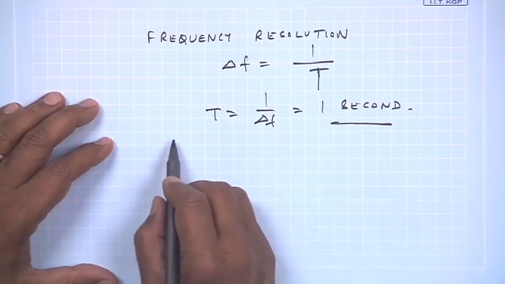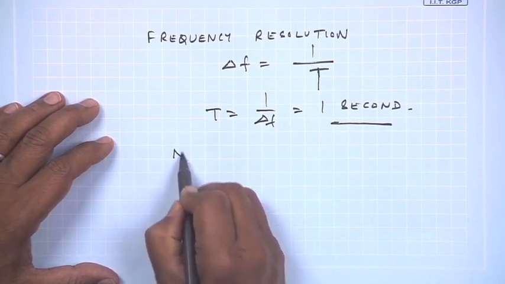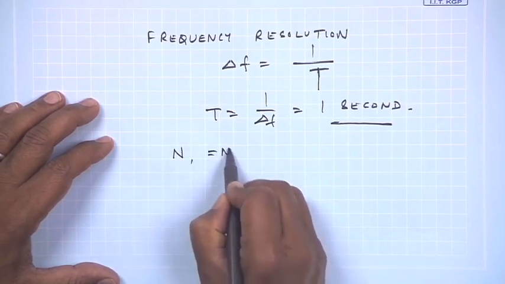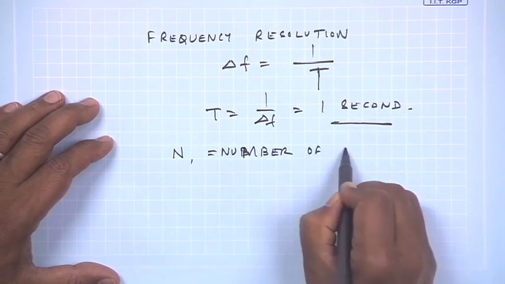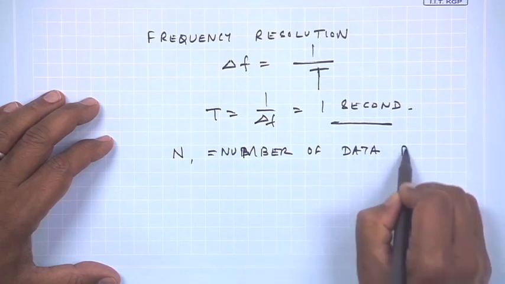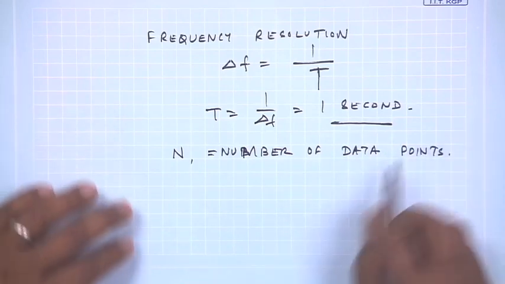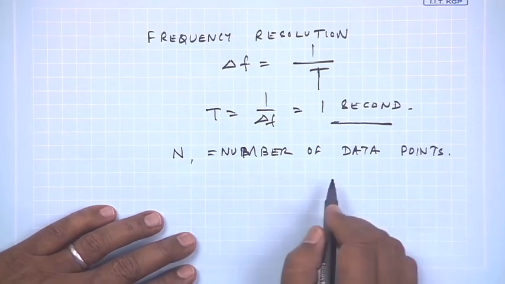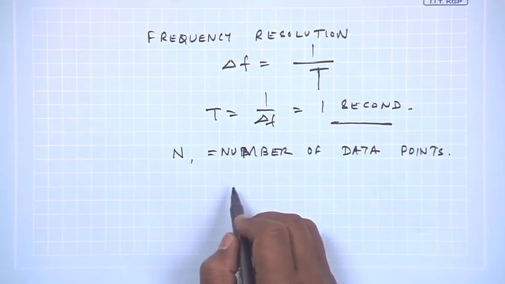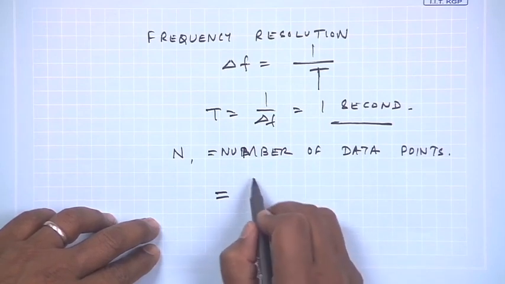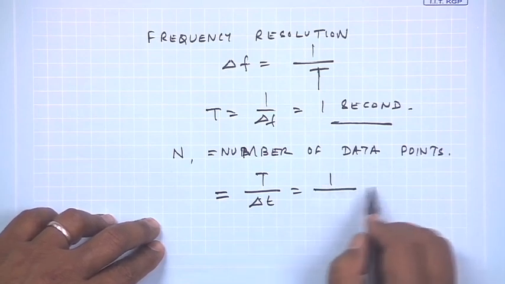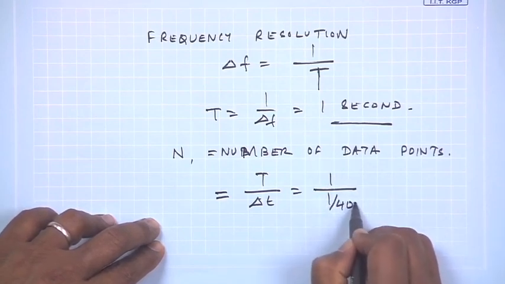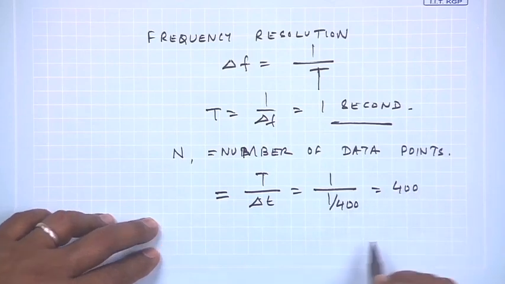Okay. So, one block of data requires certain storage space. So, n is the number of data points. In our case n is total time by delta t. So, total time is 1 second, delta t earlier we have written as 1 by 400. So, this becomes 400 data points.